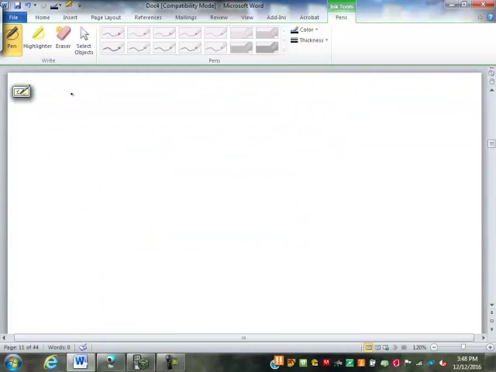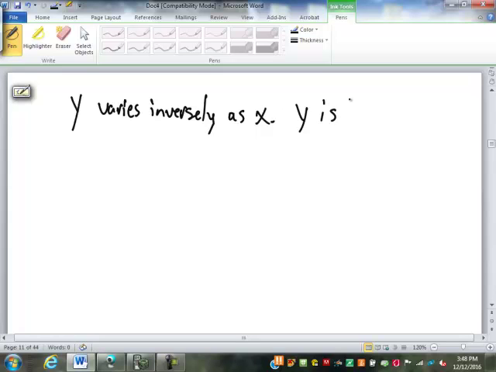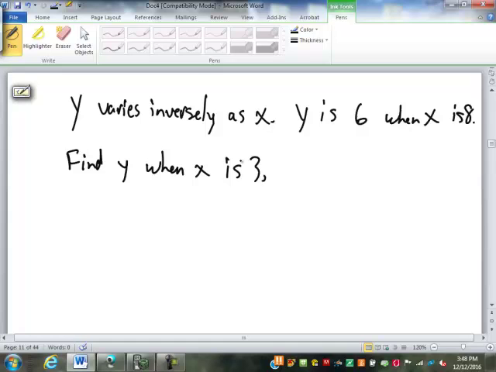So another one for you guys to try. Y varies inversely with x. Y is 6 when x is 8. Find y when x is 3. Try that one in your notes quick.